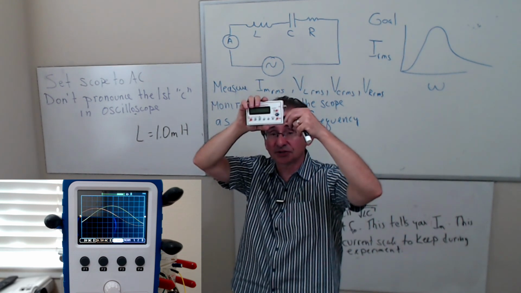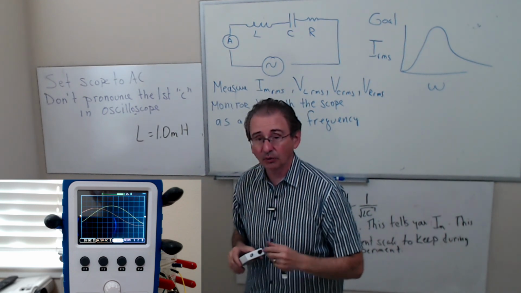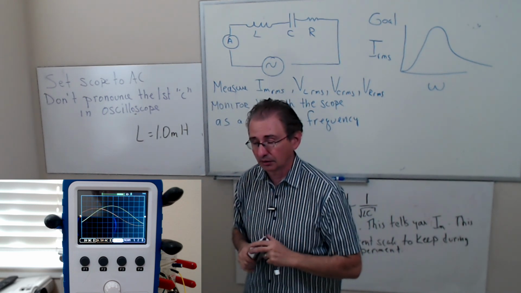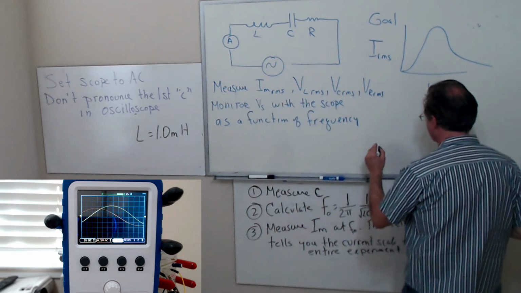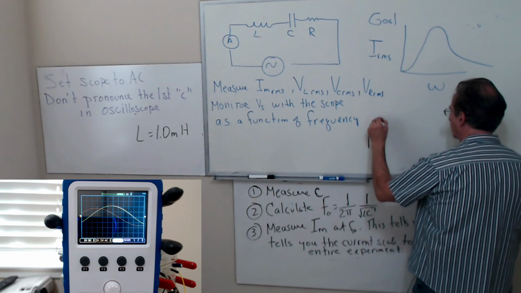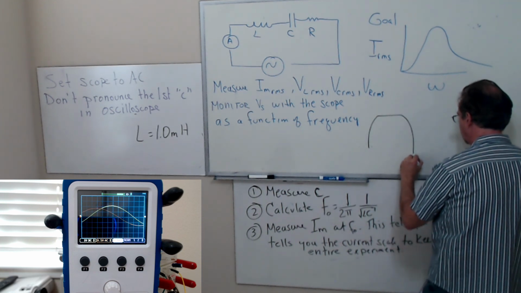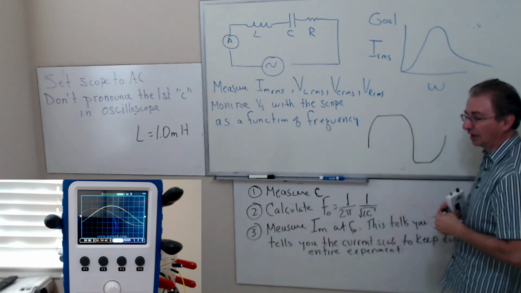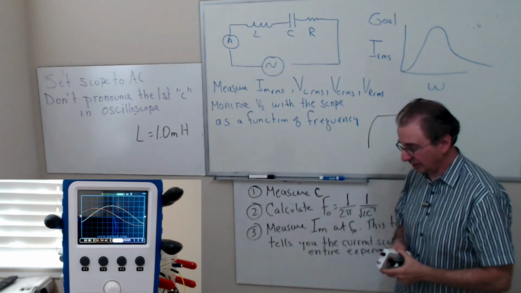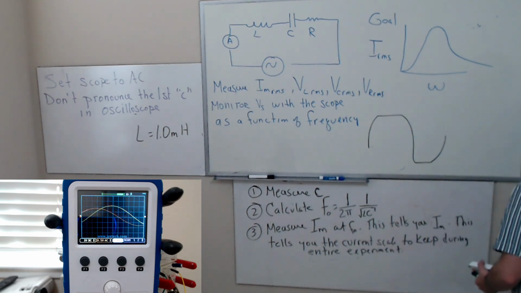If you keep turning this up and nothing changes, that means you've hit the current limit, and you want to go below that. If you look at the signal on the scope, it will look like this, which is what you don't want, okay? You don't want to peg it. You don't want it to cut off. You want to be below the cutoff.